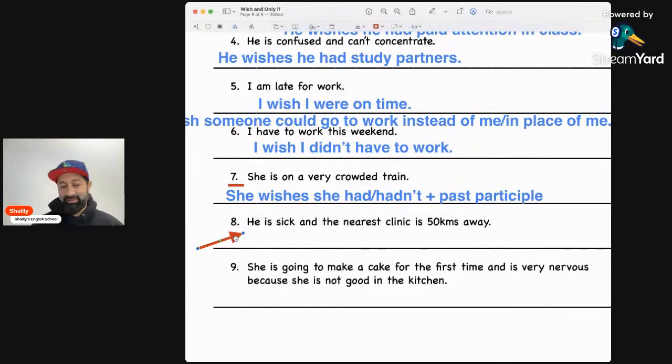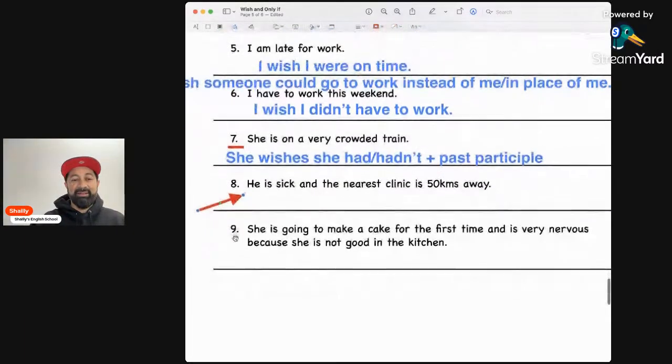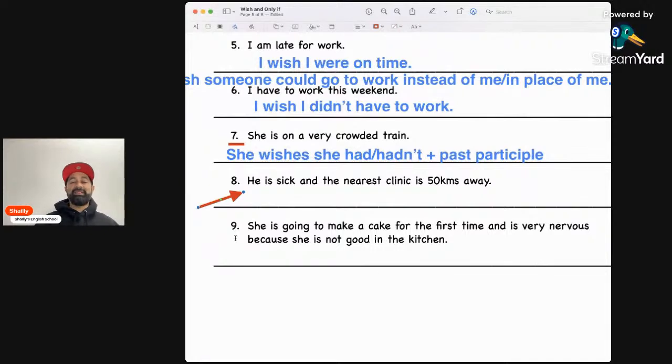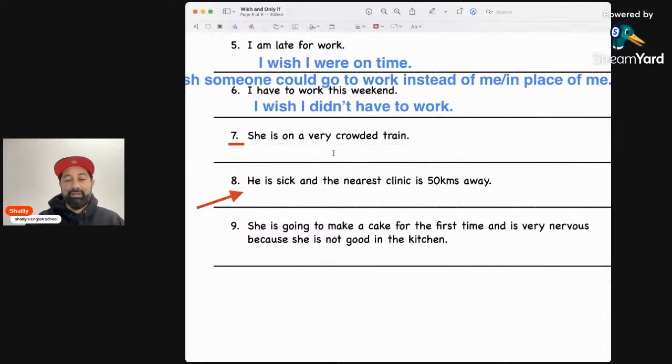He is sick. And the nearest clinic is 50 kilometers away.